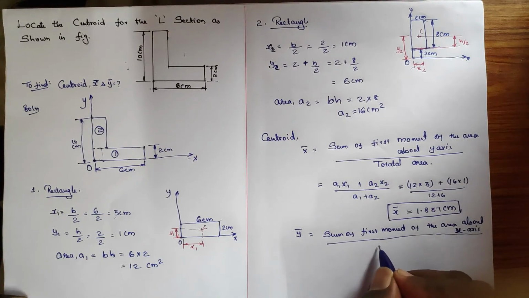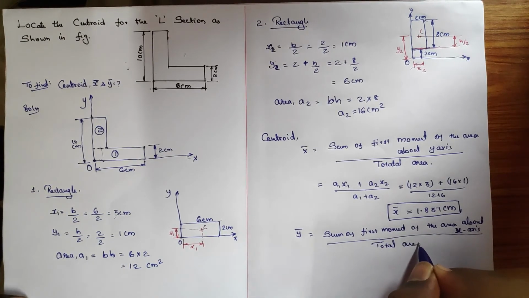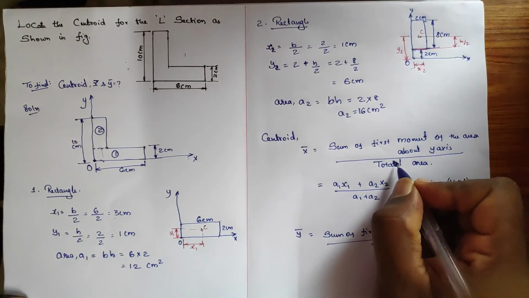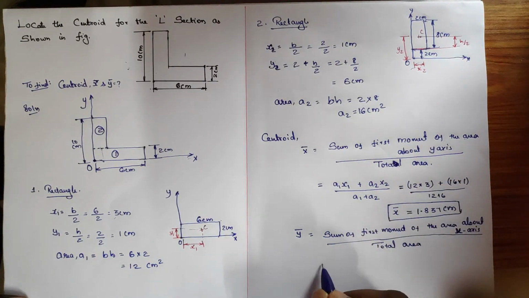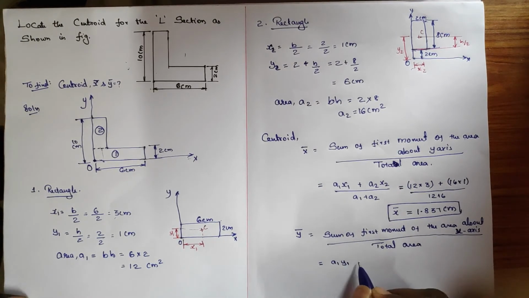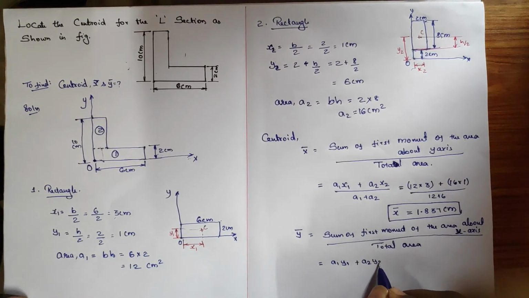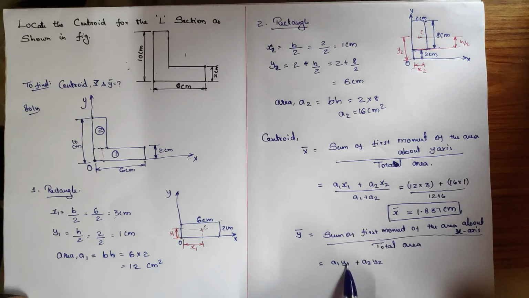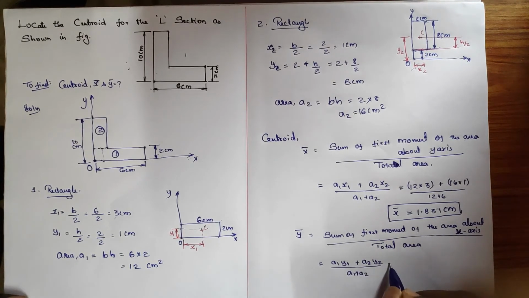So the formula will be a1 y1 plus a2 y2 divided by a1 plus a2, the total area.